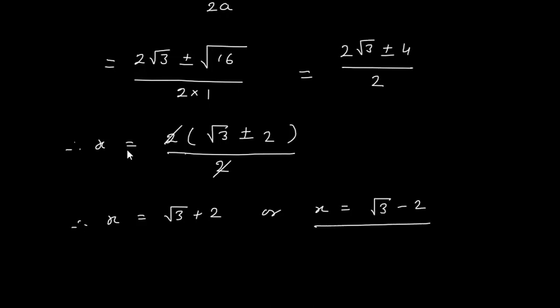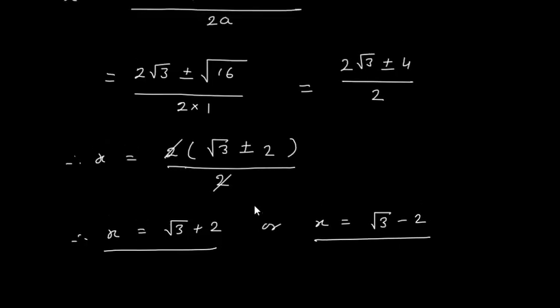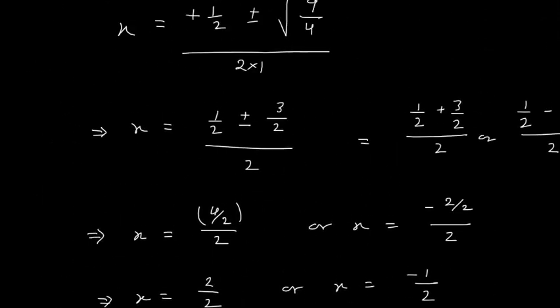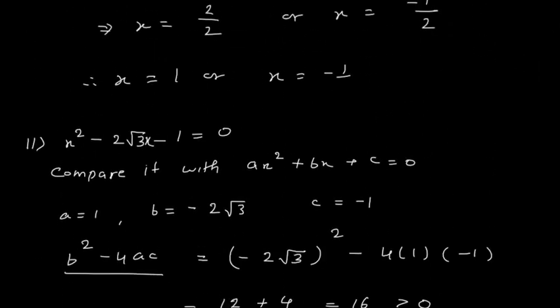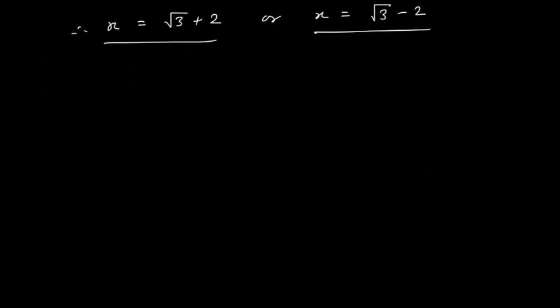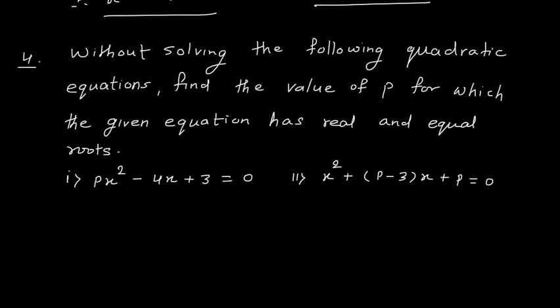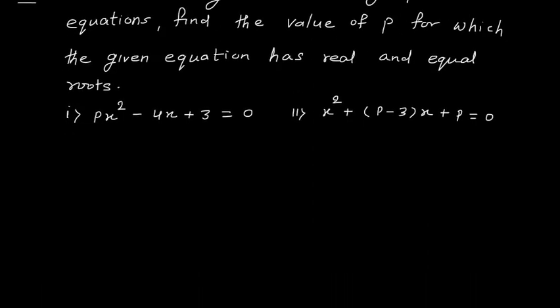So these are two real and distinct roots, right? Two real and different roots. Let us go to the fourth question. Without solving the following quadratic equation, find the value of p for which the given equation has real and equal roots.